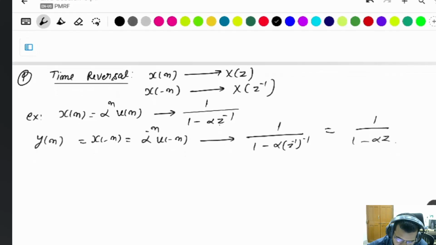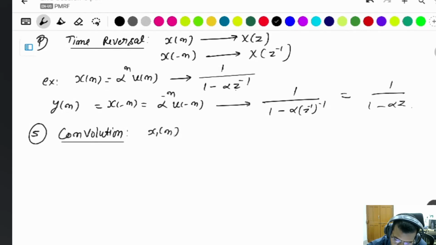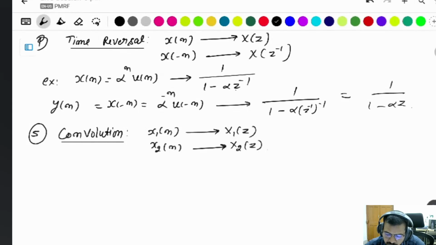Okay, convolution property. There are two functions x1 and x2.